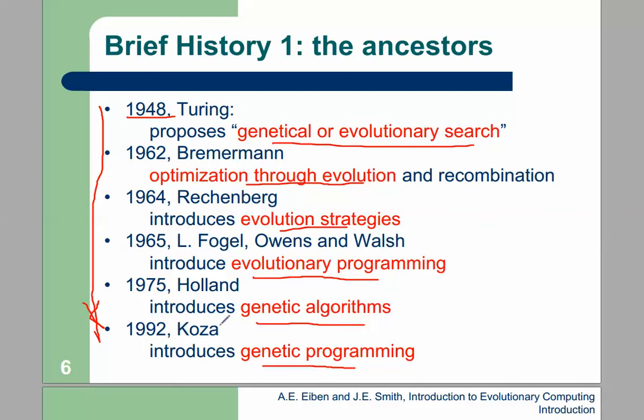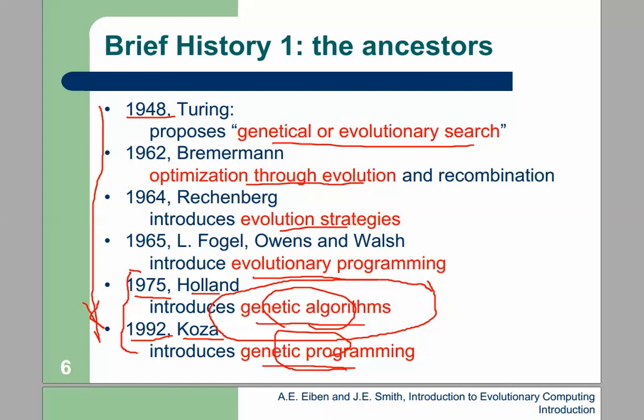But the best breakthrough or the best change in this science started from 1975 or 1992 by Holland and Koza. They introduced the genetic algorithm and genetic program. The main revolution of EC is related to the genetic algorithm that was introduced by Holland.